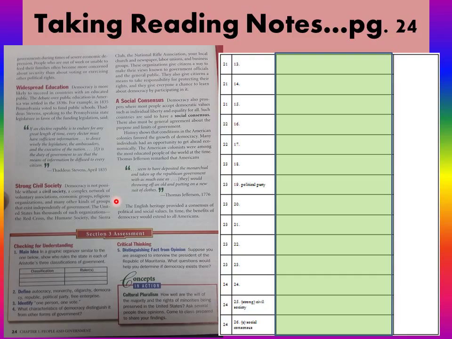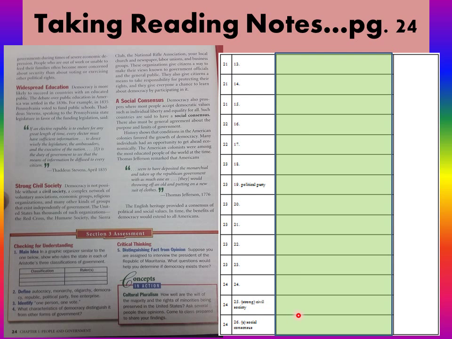The United States has thousands of such organizations: the Red Cross, the Humane Society, the Sierra Club, the National Rifle Association, your local church and newspaper, labor unions, and business groups. These organizations give citizens a way to make their views known to government officials and the general public. They also give citizens a means to take responsibility for protecting their rights, and they give everyone a chance to learn about democracy by participating in it.